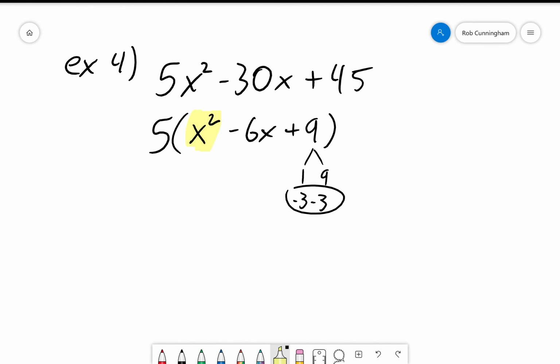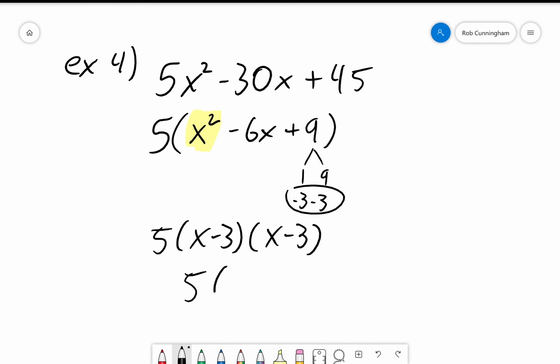We could, it would still get us the right answer, but because we just have that x squared, we can fall right back on 5 times x minus 3 times x minus 3, better known as 5 times x minus 3 squared. Don't forget the shortcuts you've already got. You also know the patterns of perfect square trinomials and the difference of two squares. Don't forget those patterns. They will be very helpful to you.